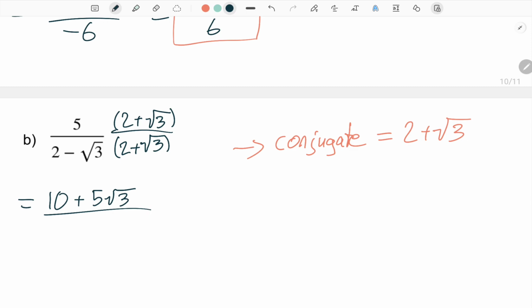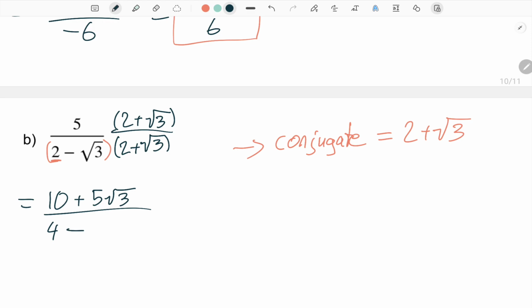Okay, on the bottom, this time I'm going to do it without writing out the full thing. So what ends up happening, just like when you had a difference of squares, here I'll just draw some brackets, you square the first number in a difference of squares. So 2 squared is 4. Things cancel out in the middle, and you subtract by the last number.